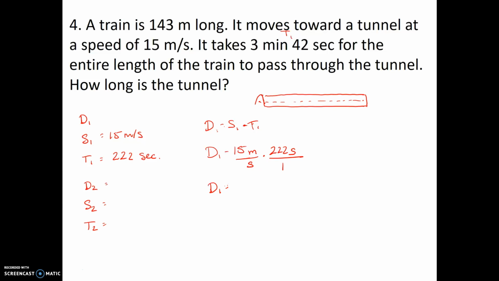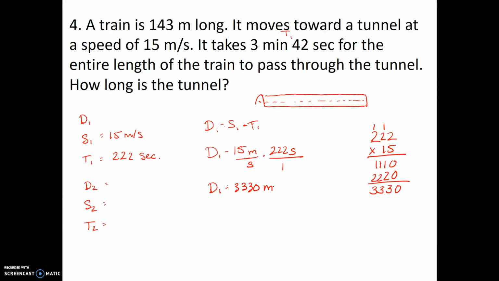Okay, so we've got some work to do. Let's figure out what 222 times 15 is. And you can see over here I've done that work. So 222 times 15 is going to be 3,330, well, not seconds, but meters.